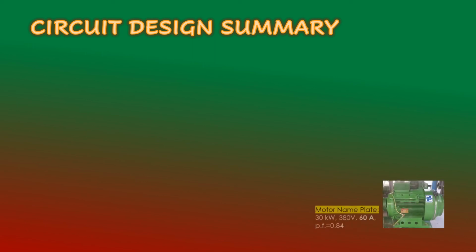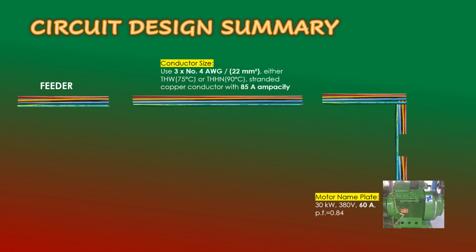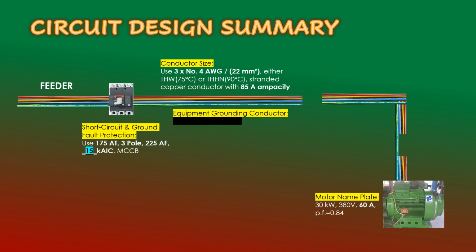So let us see the update of our circuit design. We have the motor, 30 kilowatt, 380 volts, 60 ampere, power factor 0.84. We have the feeder conductor. We have calculated already the conductor size. And also we have calculated the short circuit and ground fault protection.